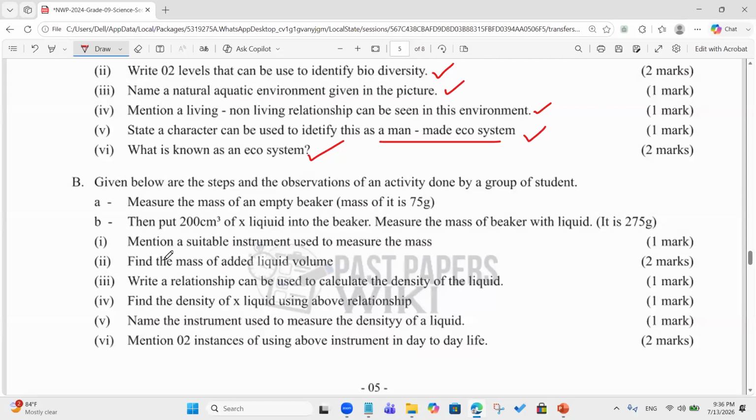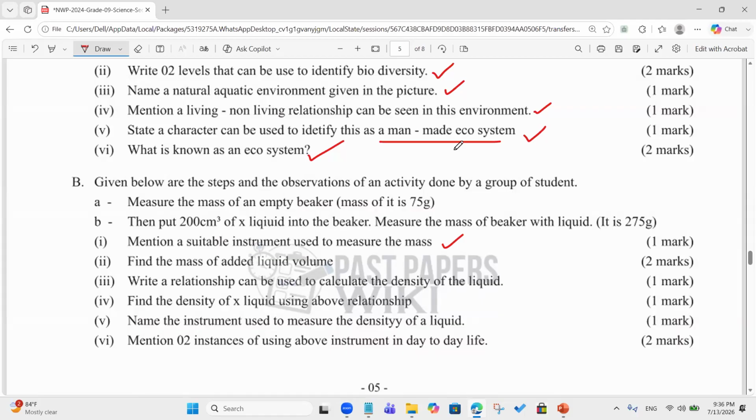Mention a suitable instrument used to measure the mass. What is the instrument used to measure the mass? If you remember this practical, you can say this answer very quickly.